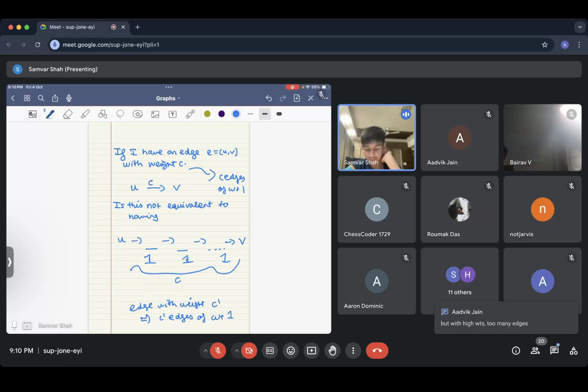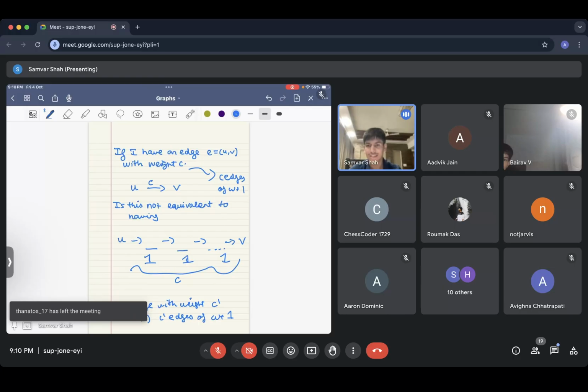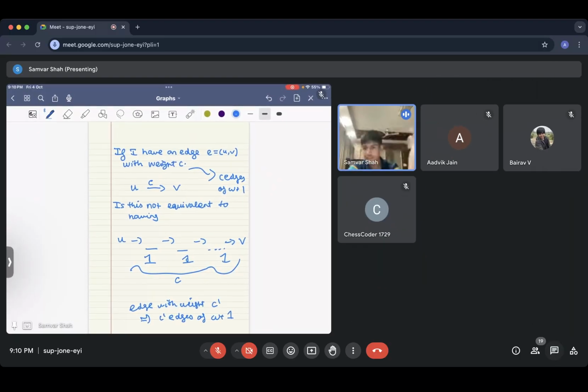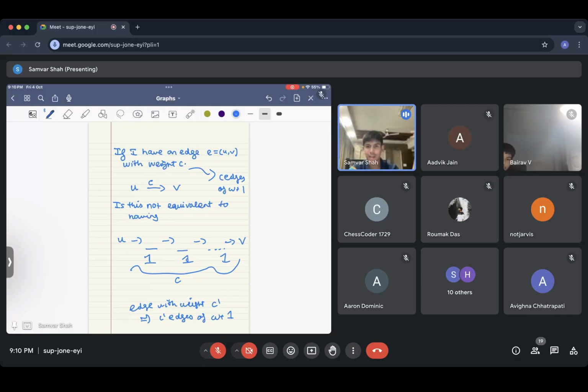Does this make sense to everybody? This is equivalent, right? So why am I bringing up this entire concept of weights? Doesn't it seem kind of not necessary? I can just use unweighted graph algorithms to solve weighted graph problems. That makes my life a lot simpler, because now I don't need any new algorithm.